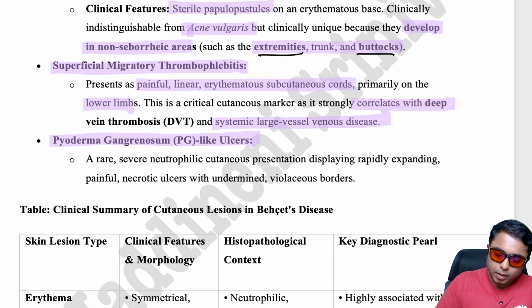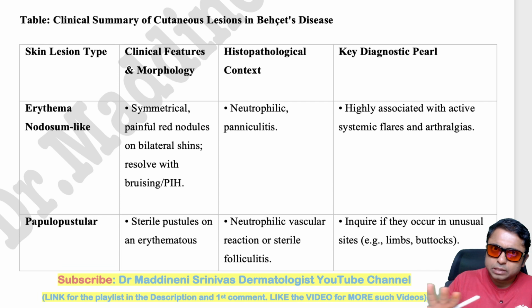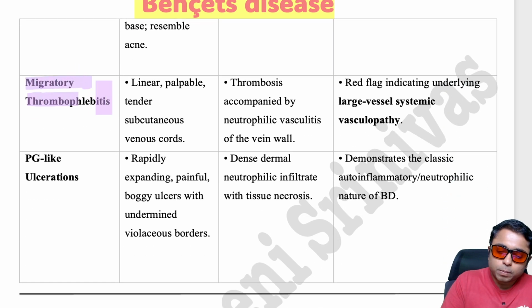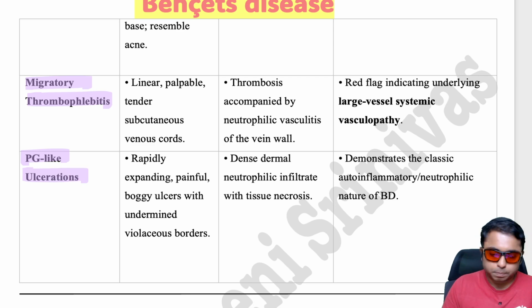Okay. So, now just to summarize the mucocutaneous manifestations: in the skin we have erythema nodosum like lesions, papulopustular lesions which are going to be sterile pustules, migratory thrombophlebitis, and the PG like ulcerations, right.